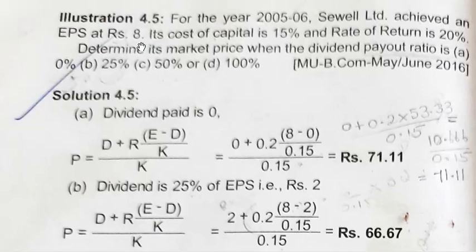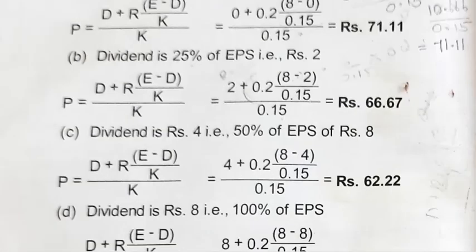EPS is 8 rupees. On 8, if you multiply 25%, you will get rupees 2. So dividend will be 25% of EPS, which is rupees 2. Now substitute the value. Only D will change here. Everything else will be the same. You will get the answer as 66.67.